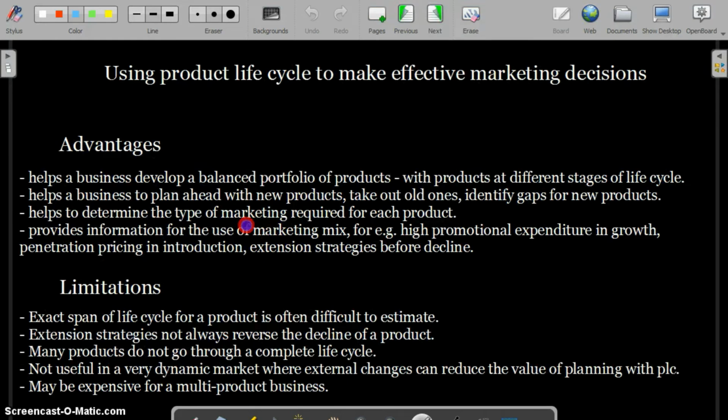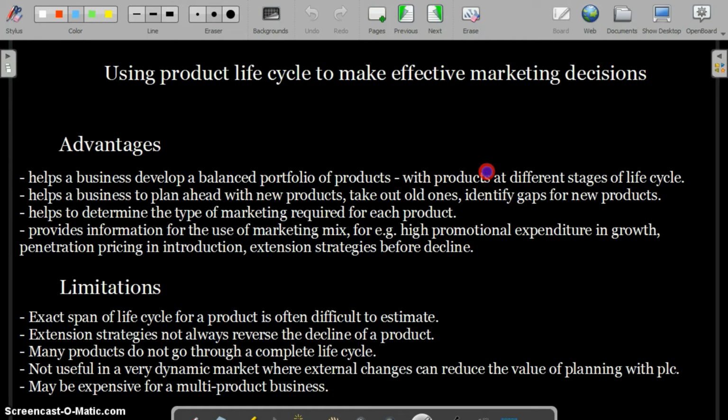Now what this advantage really means is that products should be at different stages of life cycle. So for example, if product A has reached maturity, product B should be at growth and product C should be at introduction. So cross subsidization occurs. What is that?